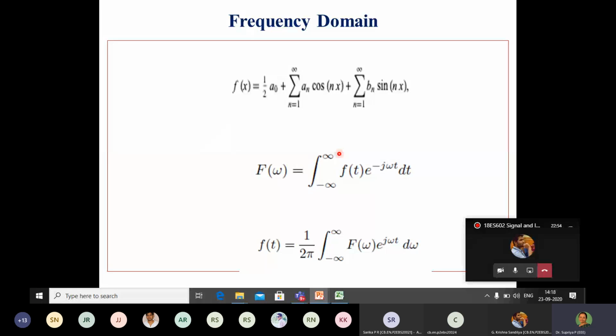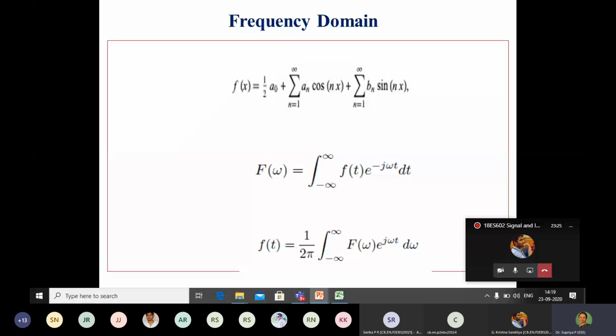So our expression is going to become integral from minus infinity to plus infinity of f of t e power minus j omega t dt, and you would recall that the inverse, the time domain value, could be given as integral of F of omega e power j omega t d omega.